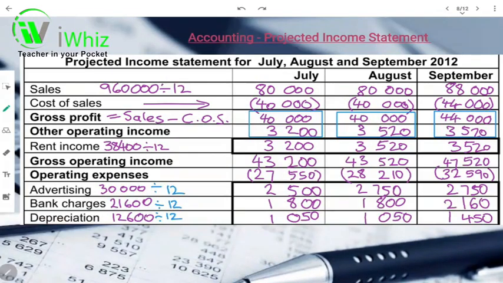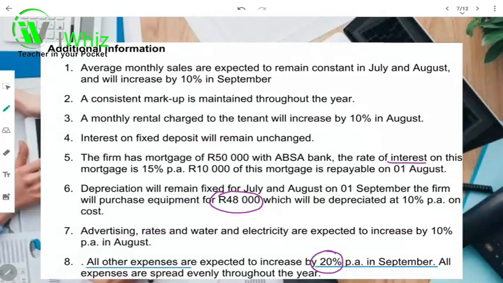Next, we had additional information that had an adjustment. So it clearly states the firm has a mortgage of 50,000 Rand with Absa Bank. The rate of the interest is 15%. 10,000 Rand of this mortgage is repayable by the 1st of August. So 1st of August means for the entire August, 10,000 Rand was already paid off.